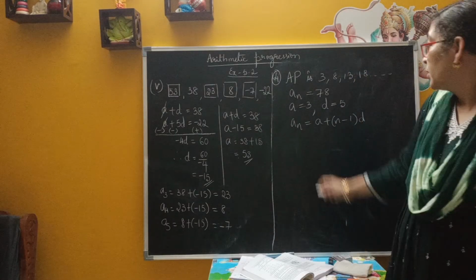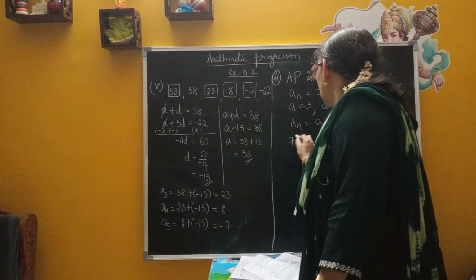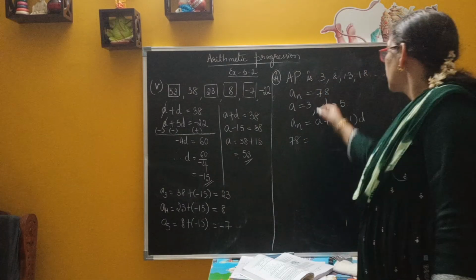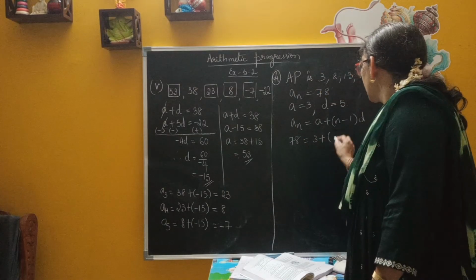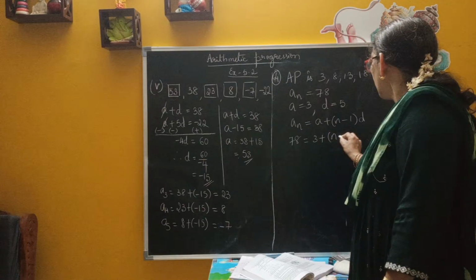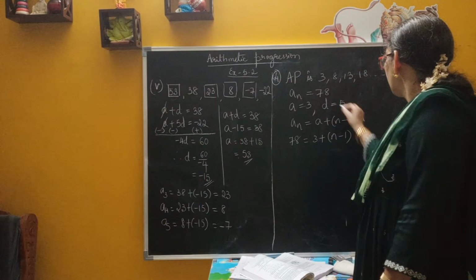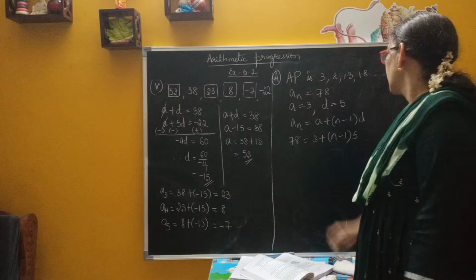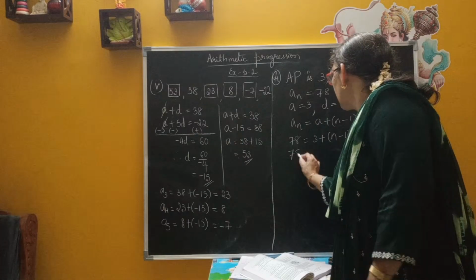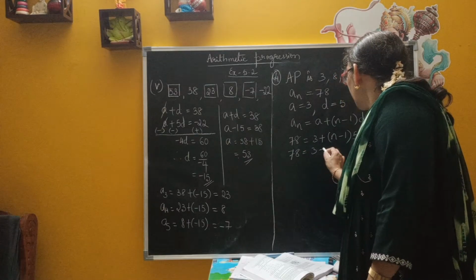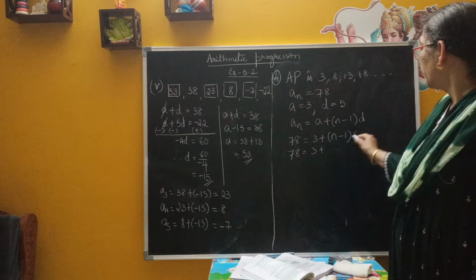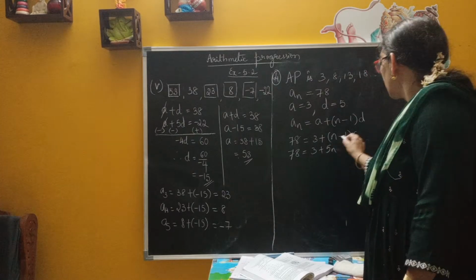Substitute. an value 78 is equal to a, 3, plus n minus 1. We don't know the value of n. So d value is 5. So 78 is equal to 3 plus n into 5 is 5n, minus 1 into 5 is minus 5.